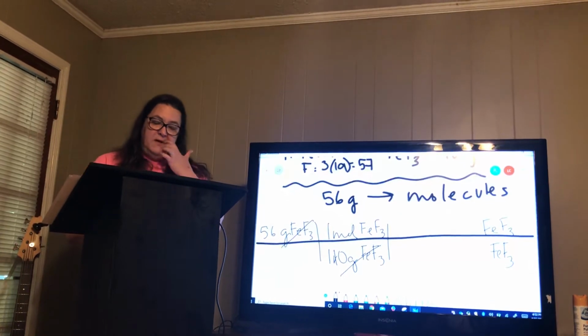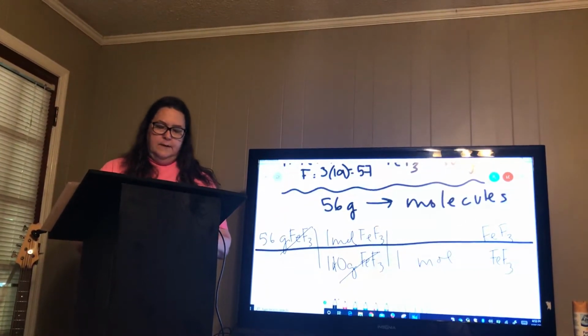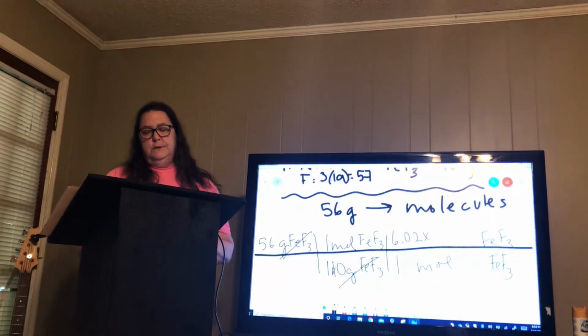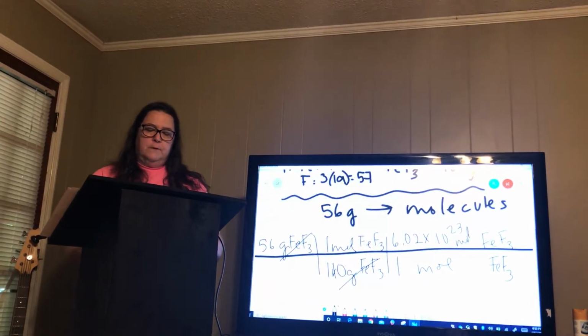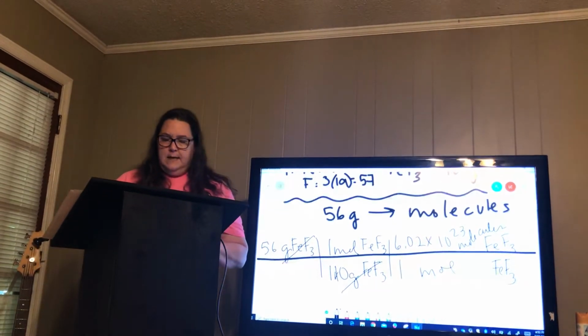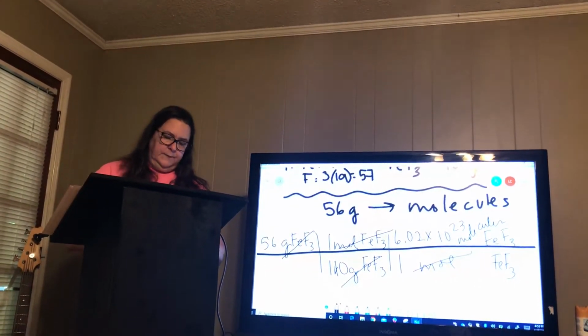Now, because I have moles, I can find the molecules. For every mole, remember, 6.02 times 10 to the 23 molecules, particles, or atoms, whichever the problem says. This cancels out, so all I'm left with is molecules.